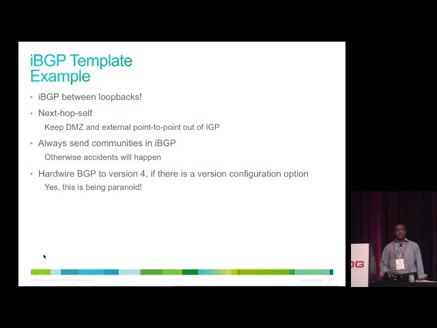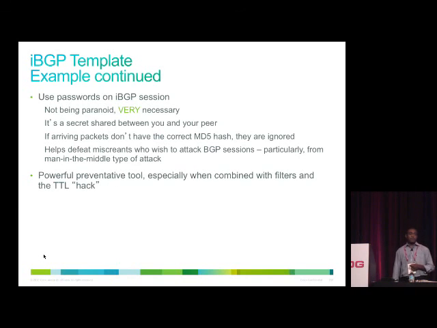Example of a template in this case: iBGP between loopbacks, next-hop-self is set, always send communities if that's not the default, hardwire BGP to version 4 if other versions are supported. In most cases, they're not. Use an MD5 hash password with your eBGP as well as iBGP peers.